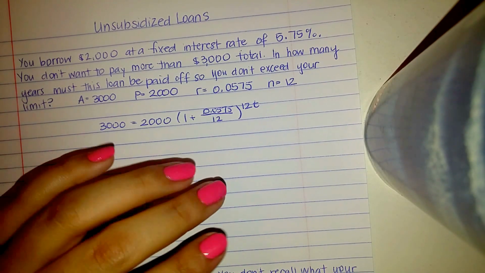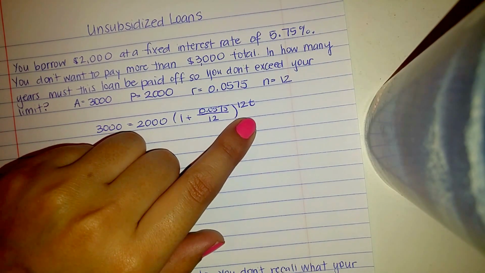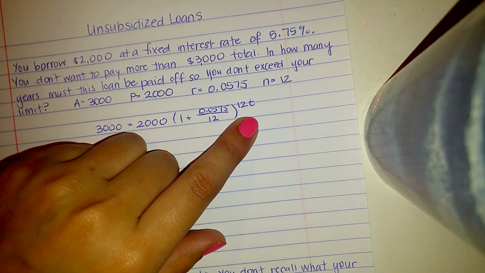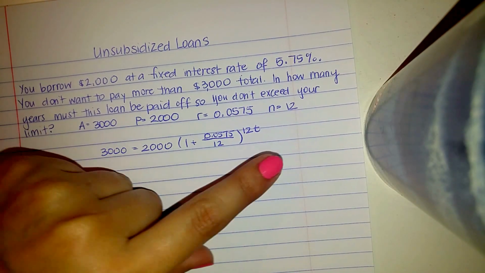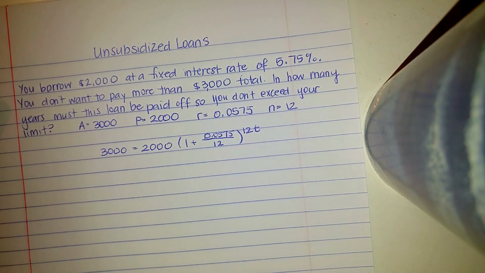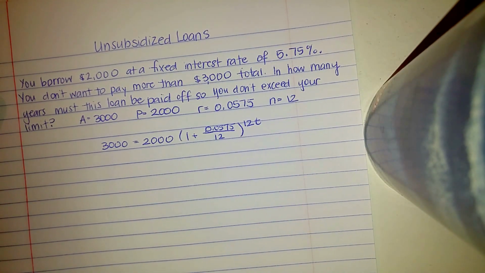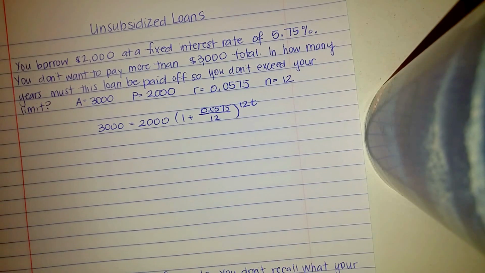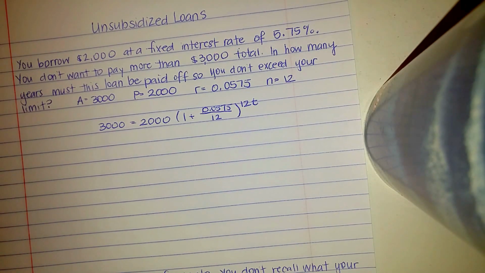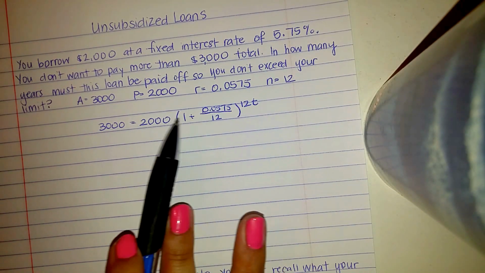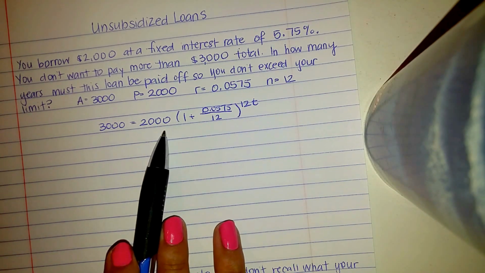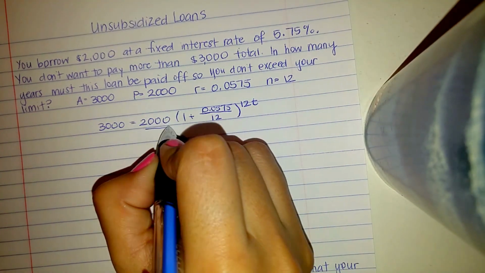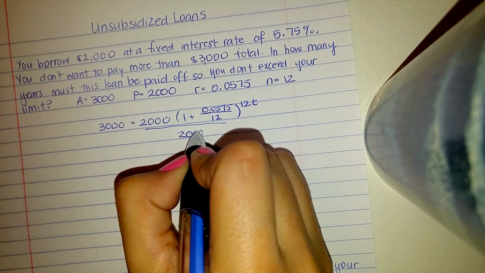So you see how t is the only variable I don't have any information for, which is actually what the problem is asking. It's asking for the number of years, so it makes sense that that's my only variable. I'm going to apply some algebra equation solving techniques here to get this simplified. Since this is a product, I'm going to go ahead and divide by that amount.